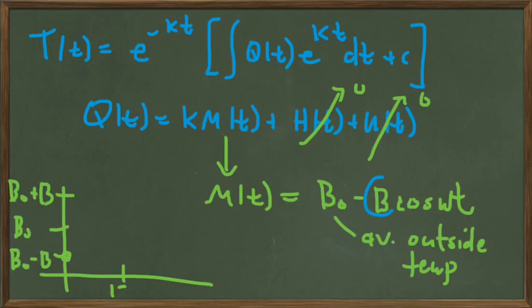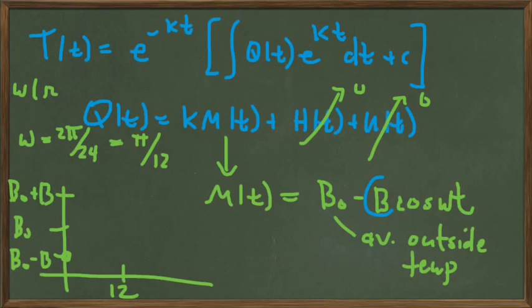12 hours later, if we assume that omega is 2 pi over 24, or pi over 12, then omega times 12 is going to be pi, right?